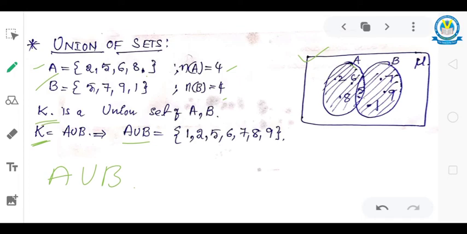Union means all the elements, but we don't take repeating elements. So we can represent it as A union B equals 1, 2, 5, 6, 7, 8, 9. Observe the elements of both sets. Here 5 comes 2 times, but we take it only 1 time.